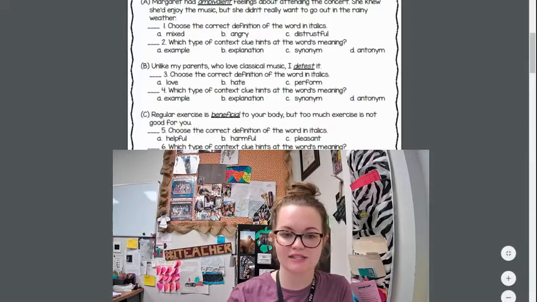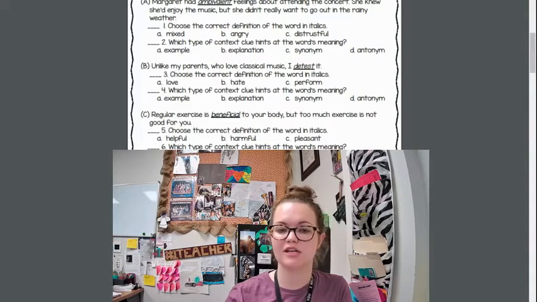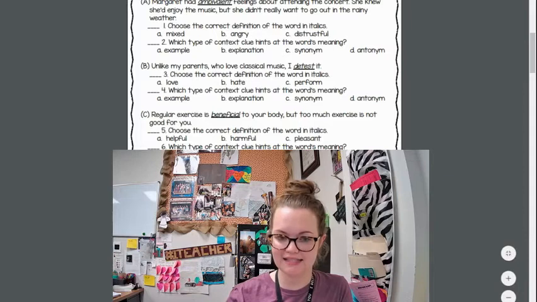Too much is not good for you. That means the opposite. So what's the opposite of being not good for you? That'd be harmful. But what does beneficial mean? Because it says regular exercise is beneficial to your body, but too much is not good for you. So beneficial must mean helpful. Again, it gave me an antonym to help me understand the unknown word.